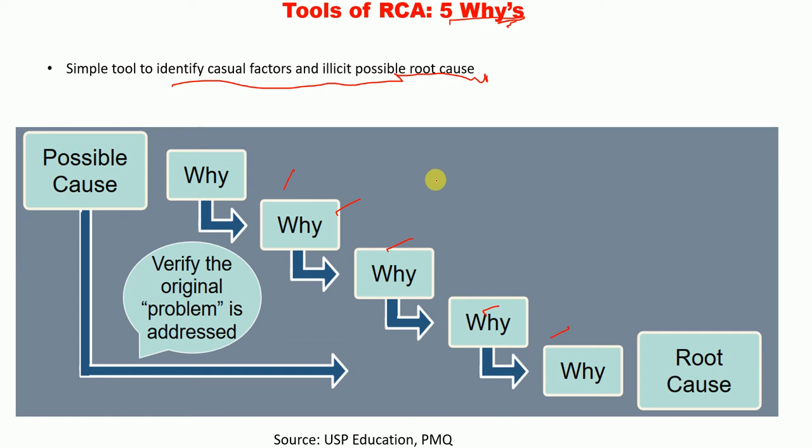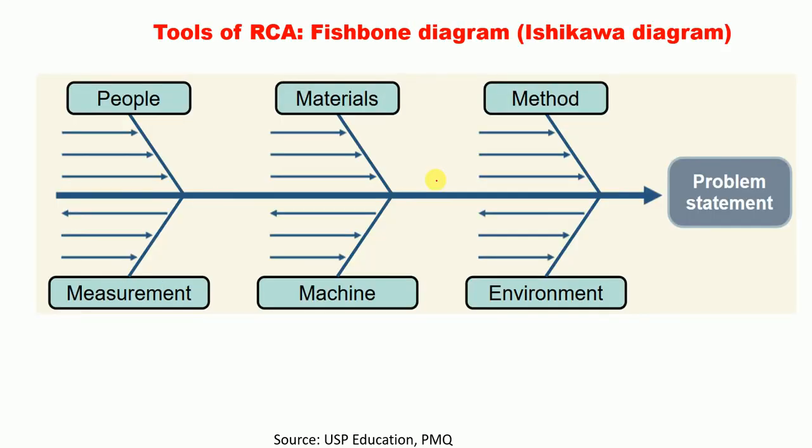Another very important tool of root cause analysis is the Fishbone diagram, or Ishikawa diagram. This tool is called the Fishbone diagram because it looks like the bones of a fish, if you look at this picture.